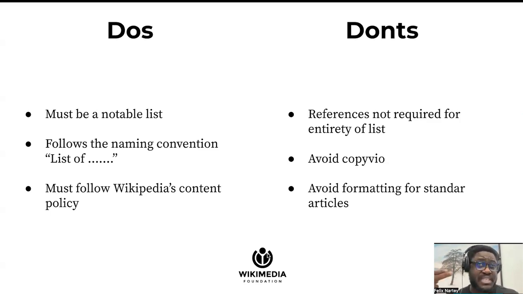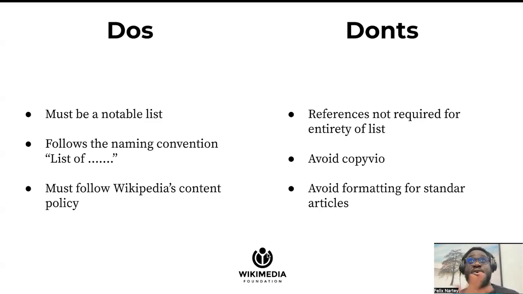So when you're creating a list, normally have the notability guidelines and policy in your head. Then every list must follow the naming convention, list of. And so you start it off with a list of, and then it follows with whatever you're describing or whatever you're going to talk about. And then it must also follow the Wikipedia content policies. And these Wikipedia content policies are verifiability and neutral point of view.